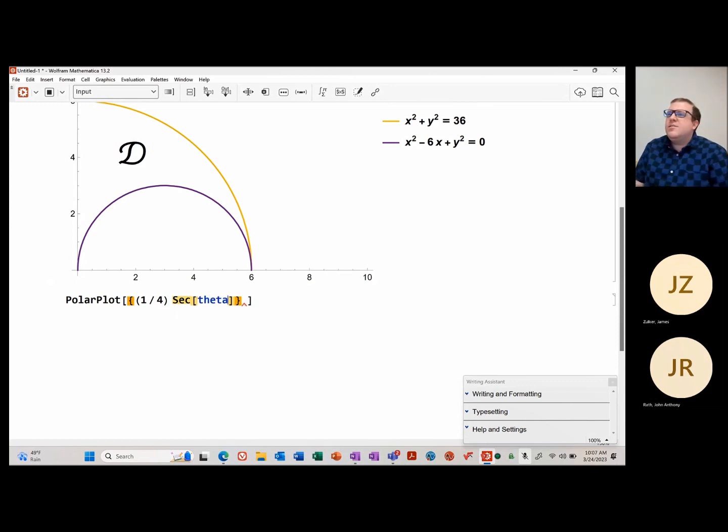I don't feel like going through the command to get theta, so I'm just going to write out theta. 1 over 4 cosine theta is the same as a quarter of secant theta, right? And then we also have r equals 1. We're told we only want this plot for theta between negative pi over 2 and pi over 2.